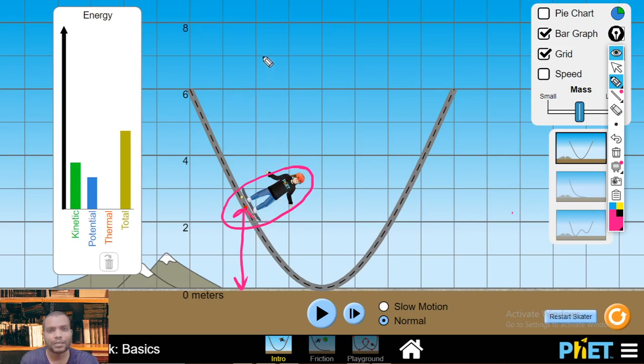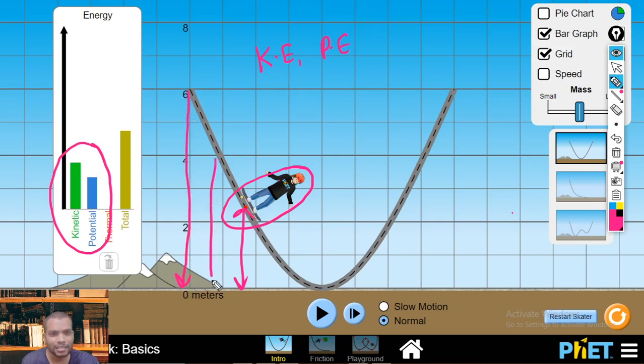So he has two energies, kinetic energy and potential energy. If you see the bar graph here, his potential energy has decreased because his height is decreasing, and kinetic energy has increased.